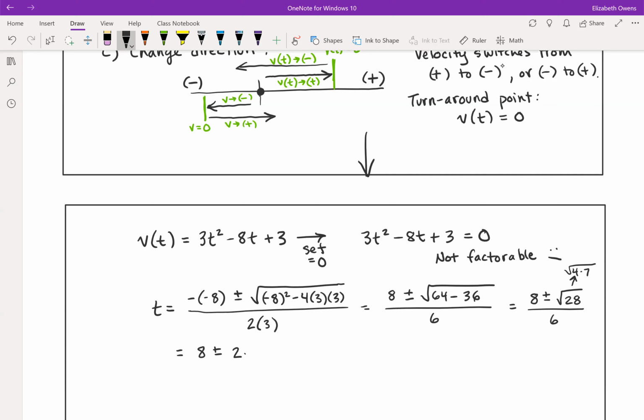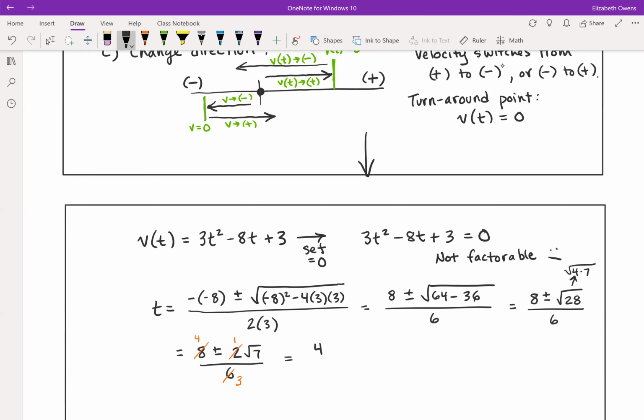So you would get 2 root 7 over 6. And then you can factor and cancel out a 2 from everything. Now remember, when you do this, you literally have to cancel a 2 out of absolutely everything, not just the first term in the numerator. So 2 goes in 4 times, 2 goes in once, 2 goes in 3 times. It's this one that people usually forget about.